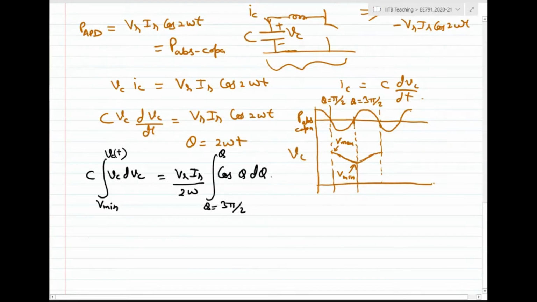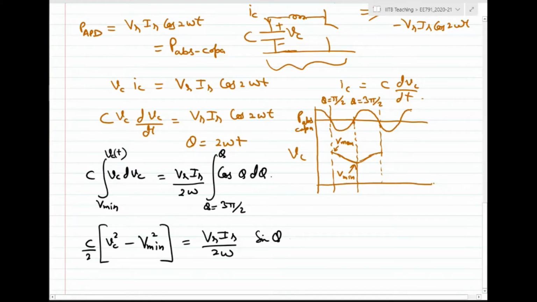Now if I solve it, I get C times Vc by 2 times Vc square minus V min square is equal to VR IR upon 2 omega times sine of theta minus sine of 3 pi by 2, which is minus 1, so plus 1. And this is the equation.